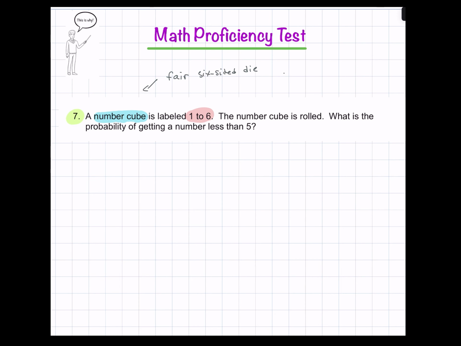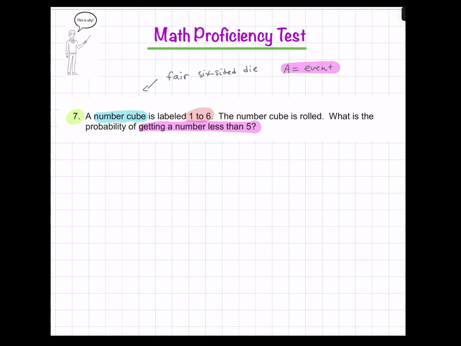If A is some event in the language of probability, an event here would be getting a number less than 5.